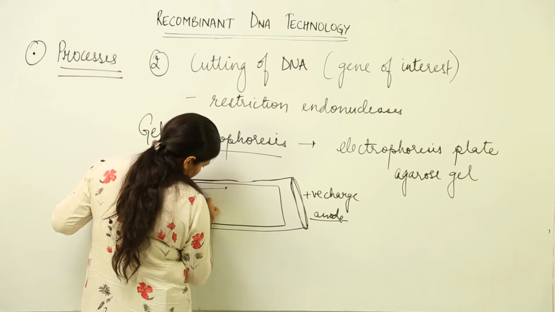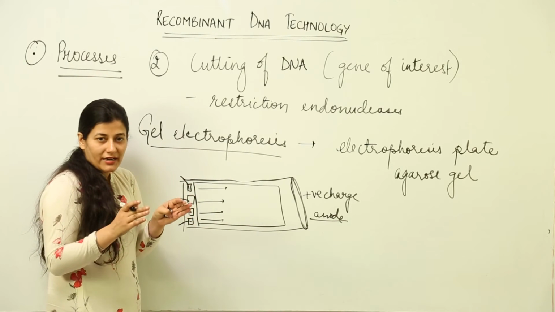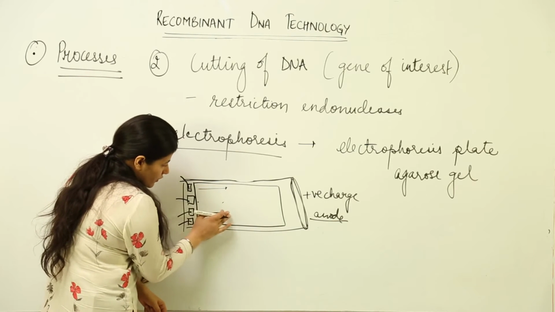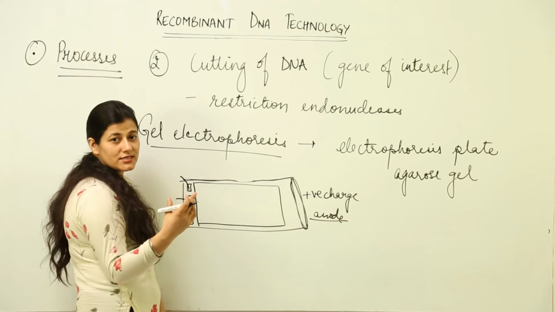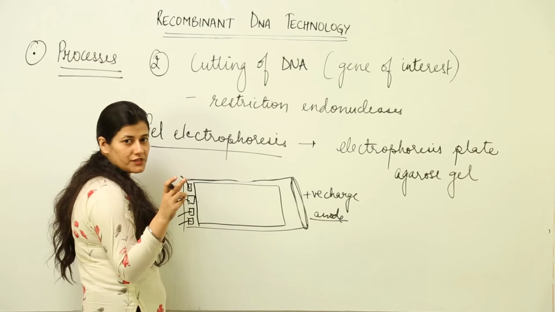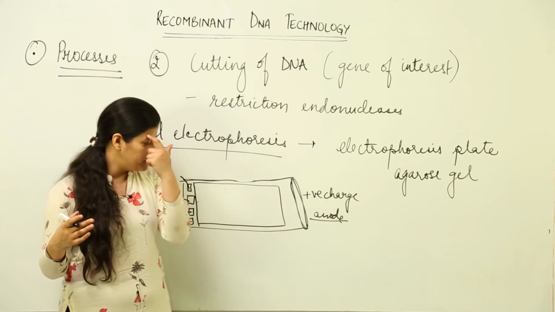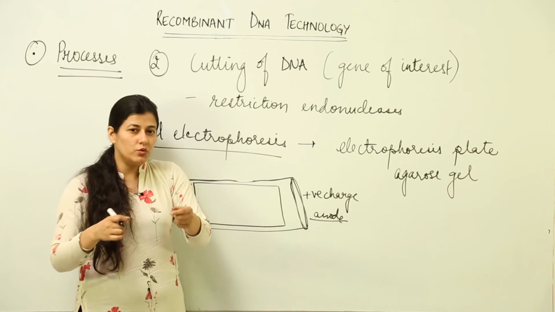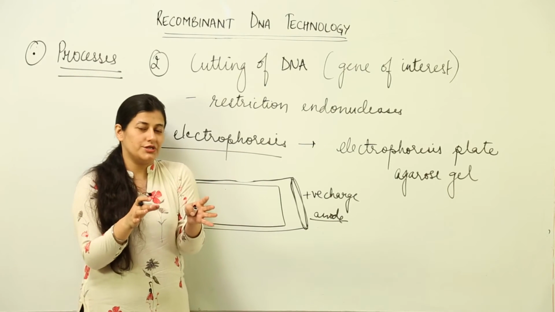It is going to move towards this end, but because we have agarose gel in between and it provides hindrance to the movement of DNA particles, we get a gradation of DNA particles arranged over here. The larger the size of the DNA particle, the slower it moves; the smaller the size, the further it goes. It is quite certain. If you ask a bulky person to move through a maze, they will be making their way slowly.